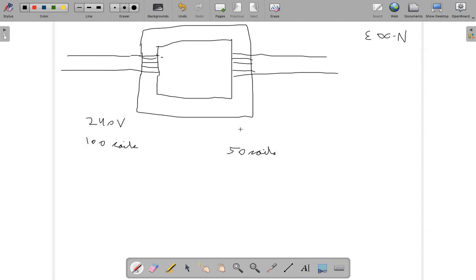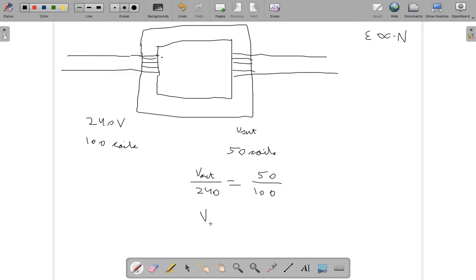So let's try find out what our voltage would be. Let's say that's V out. So our V out over 240, which is our input, will be equal to the number of coils in our secondary or output, that's 50, over the number of coils over here, 100.